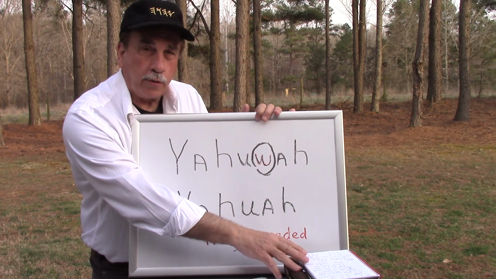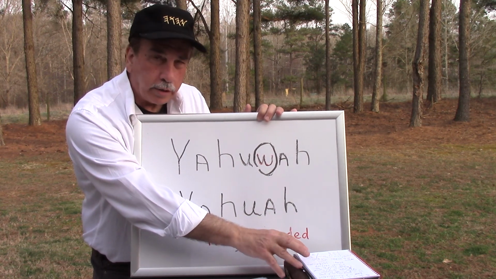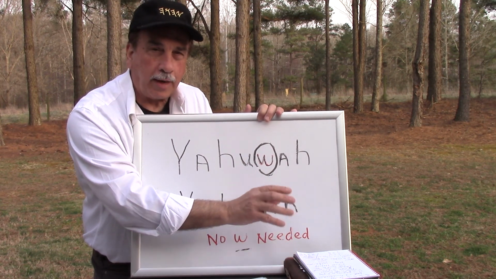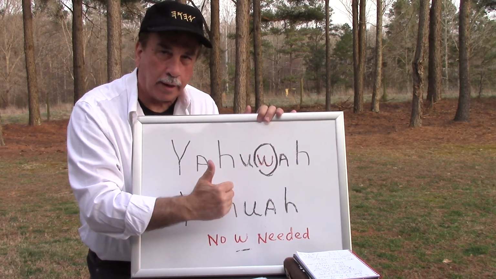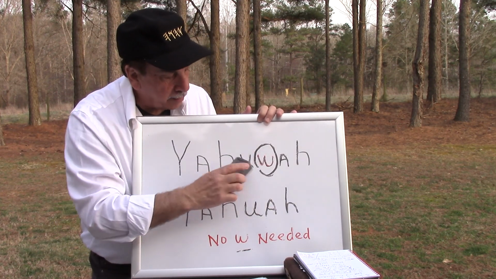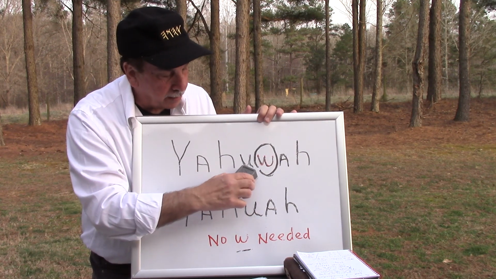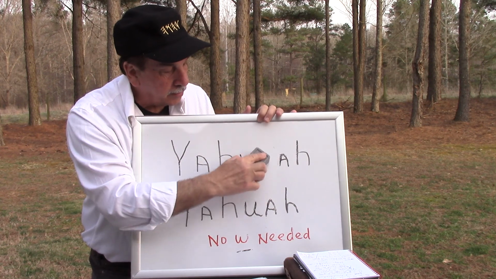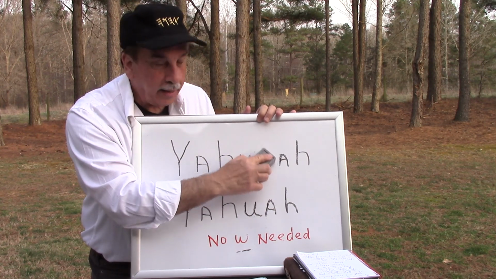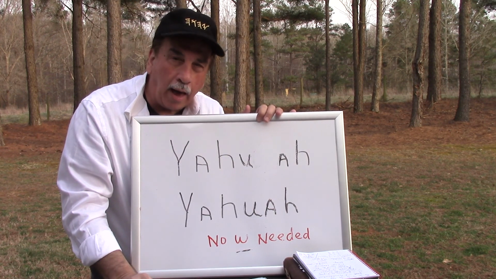If you're really doing a transliteration, you only use letters to help you make the same sounds as the original Hebrew letters. These aren't Hebrew letters, these are English letters. This third letter makes the oo sound, not a W sound. So when you put a W in there, it's going to sound like Yahuwah.